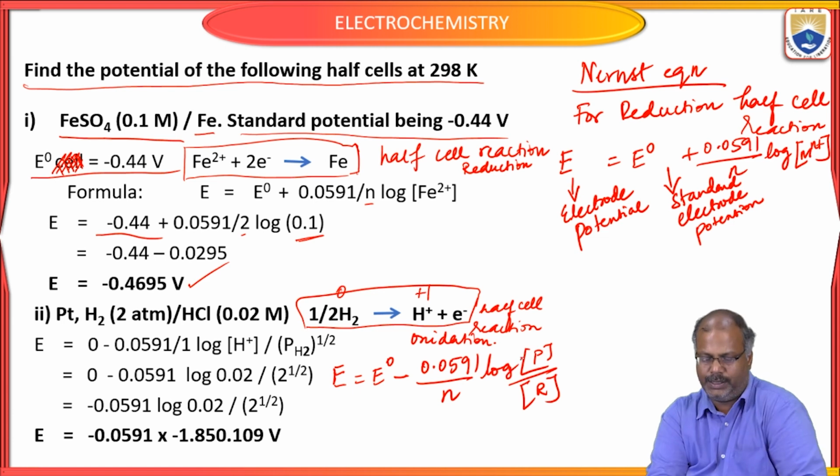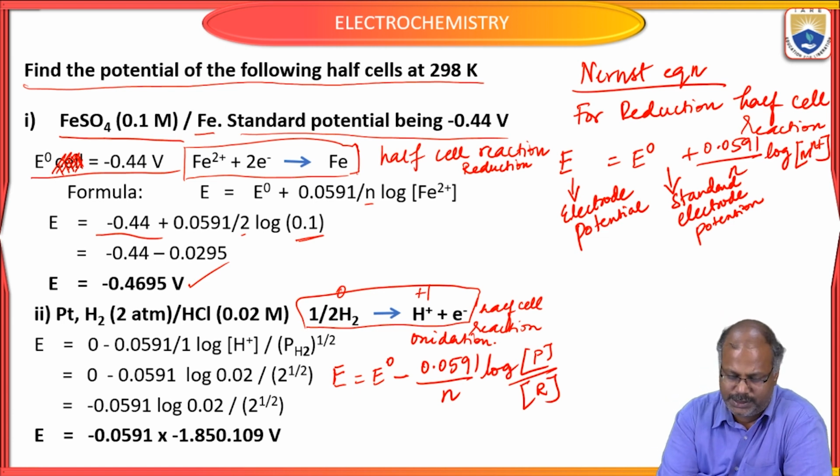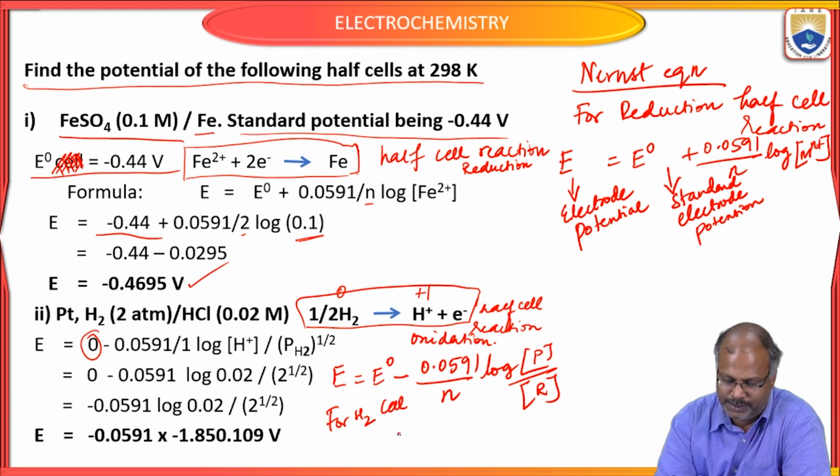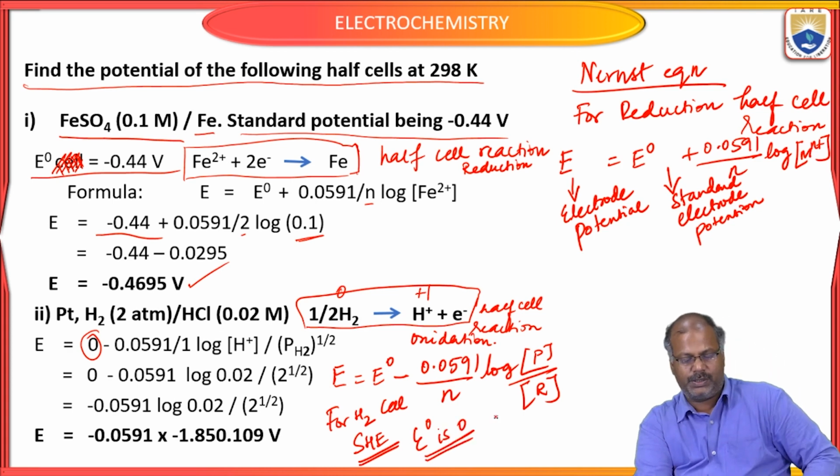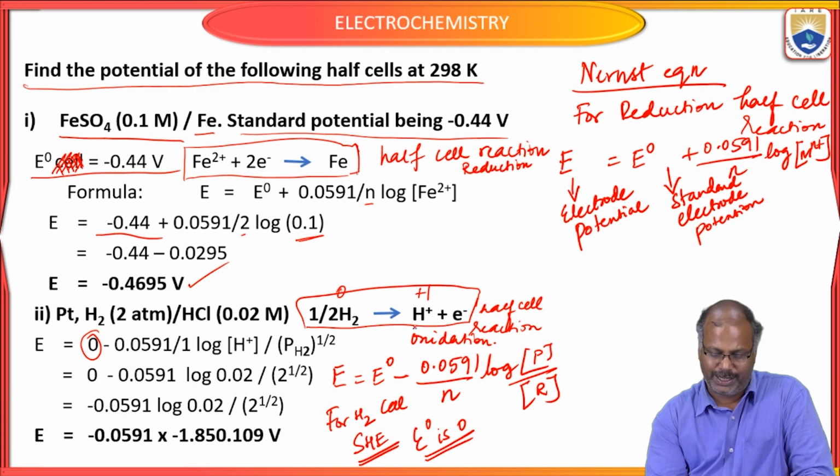Now, we know this is a hydrogen electrode. For the standard hydrogen electrode, E naught is 0. So 0 minus 0.0591, 1 electron is involved, by 1, logarithm of the concentration of H plus, product, by the pressure of hydrogen, reactant.